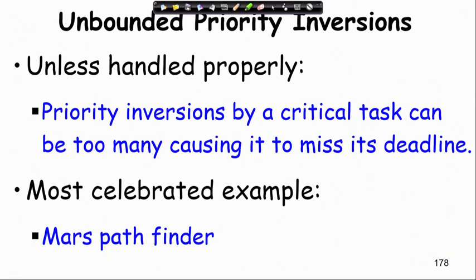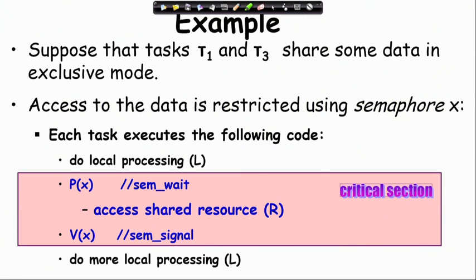Let us see what happened in the Mars Pathfinder. But before we look at what happened in the Mars Pathfinder, let us just understand some simple concepts associated with a critical section, semaphores and priority inversion.